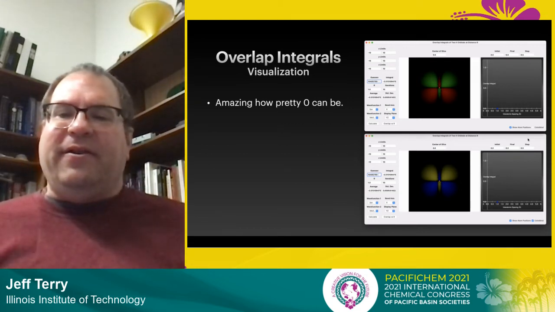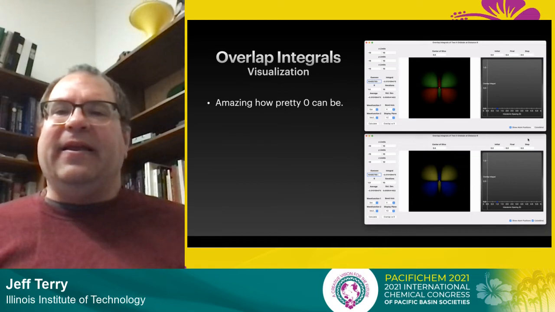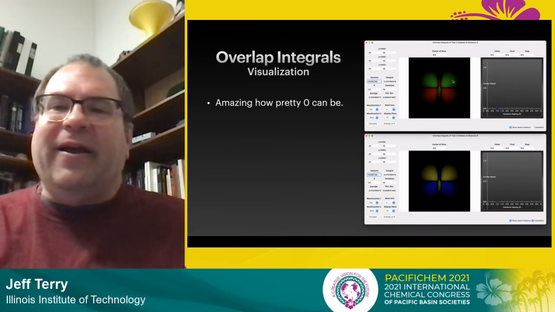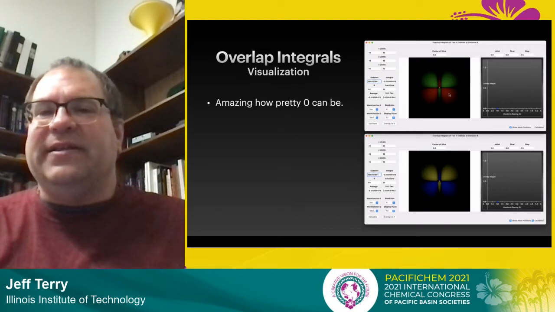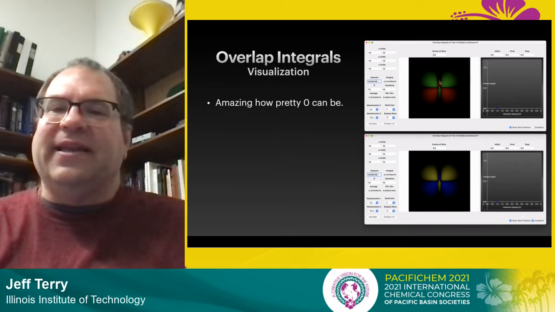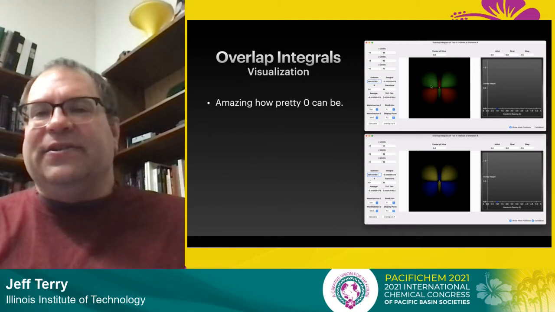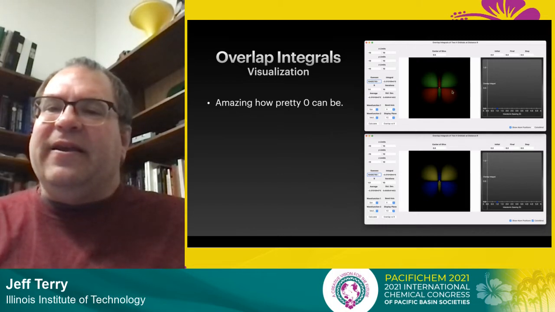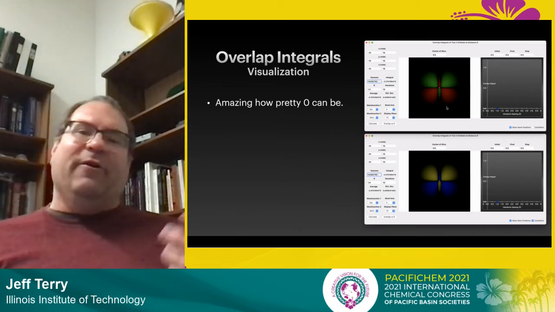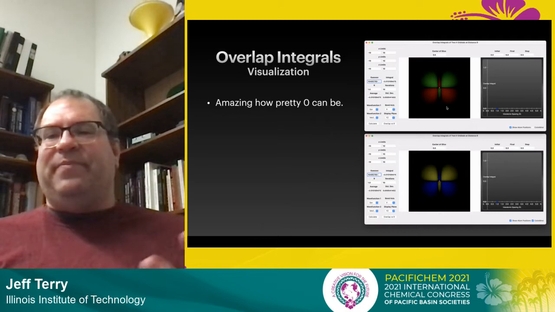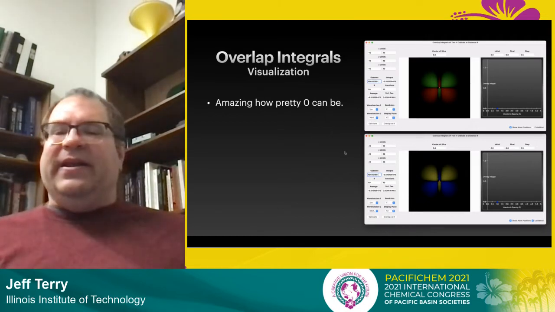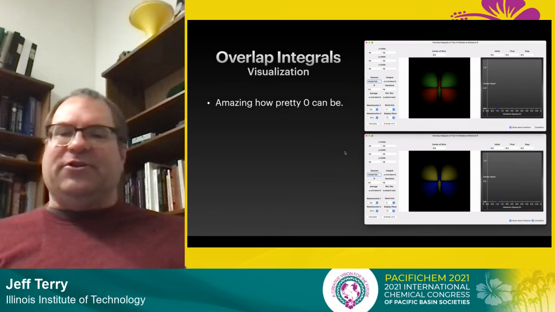And we can clearly see that this integral is going to sum to 0, because this green's going to cancel this red, this green's going to cancel this red, this green's going to cancel this red. But it's very pretty. You can see all the nodes in the overlap of the orbitals here. And it gives you a very nice picture of what's actually going on.